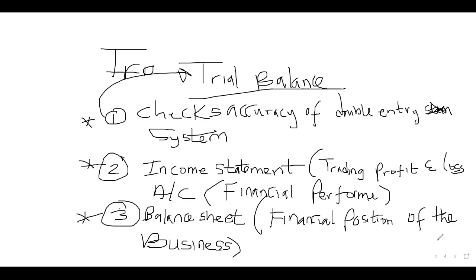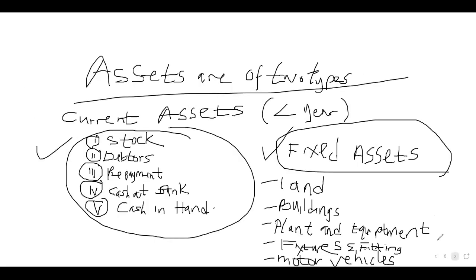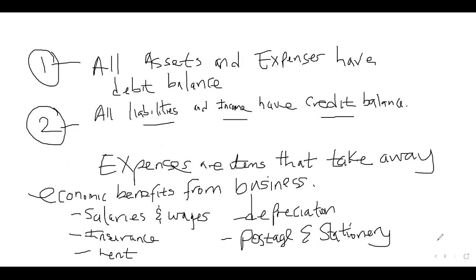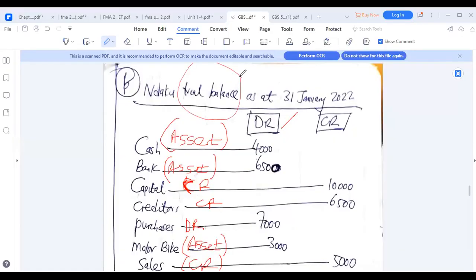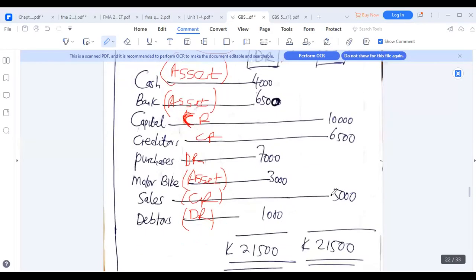All right then. So we now get to the other agenda here, where we have this trial balance. The trial balance checks the accuracy of the double entry system and should reconcile.